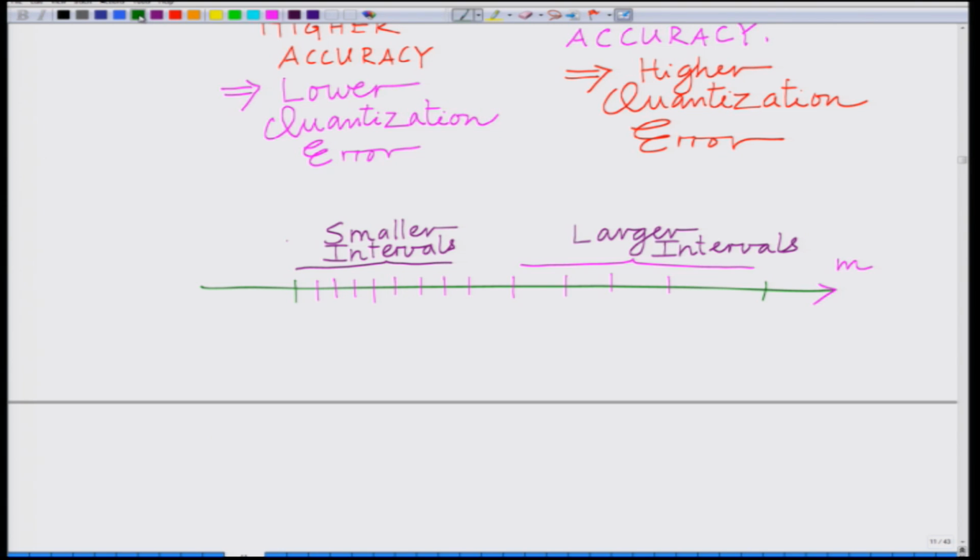So this region is a finer quantization, quantized very finely, and this region is quantized very roughly, or very coarsely. So this is a coarser quantization.